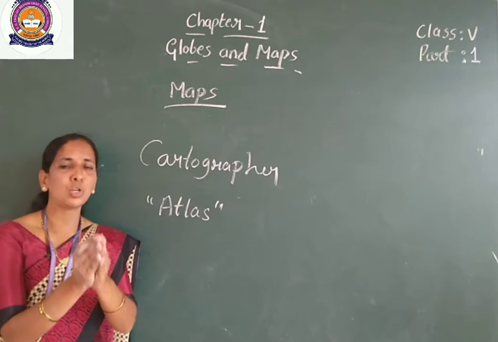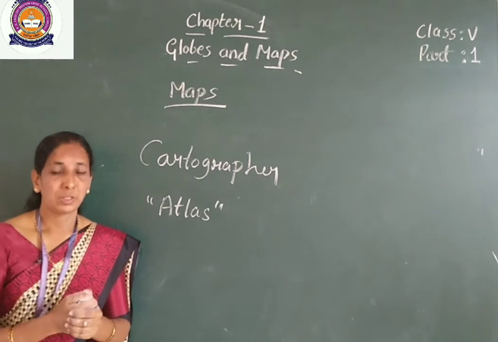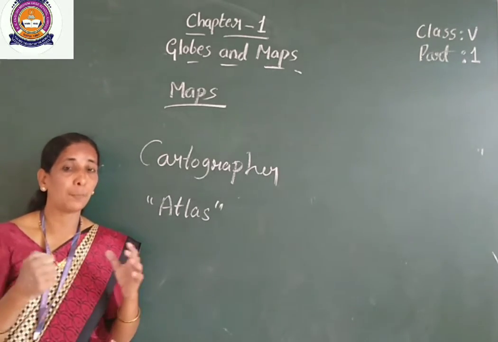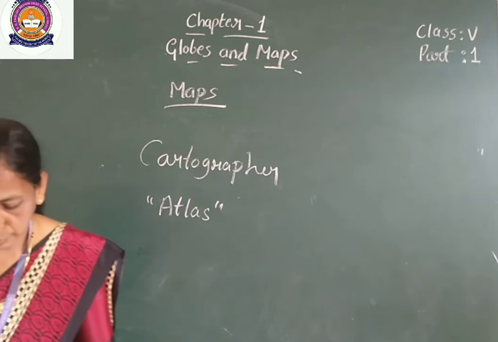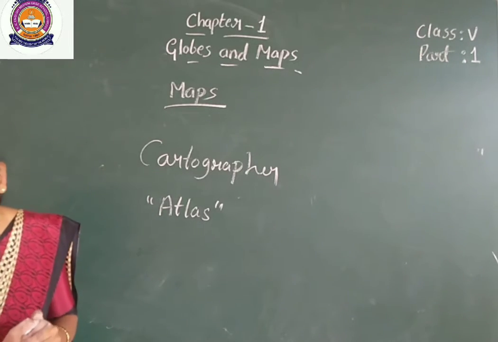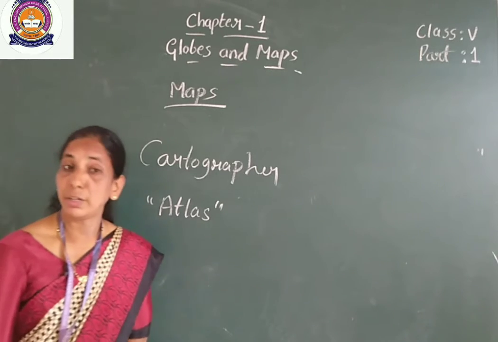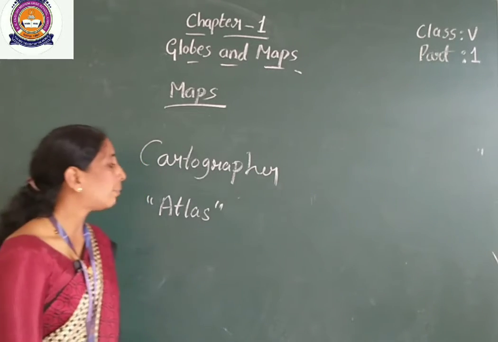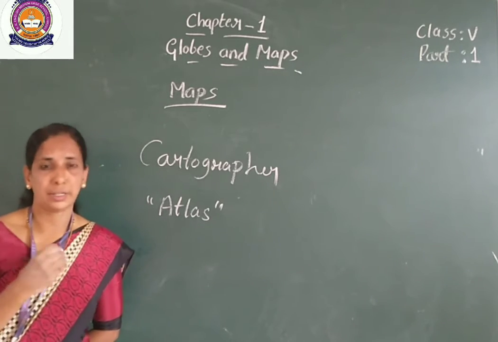In that book, all the maps are mentioned. The collection of maps in a book is called what? Atlas. Maps are more appropriate for showing details.